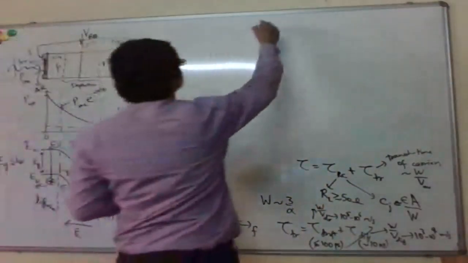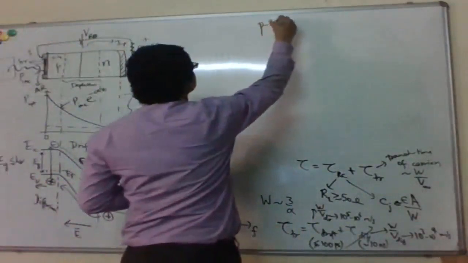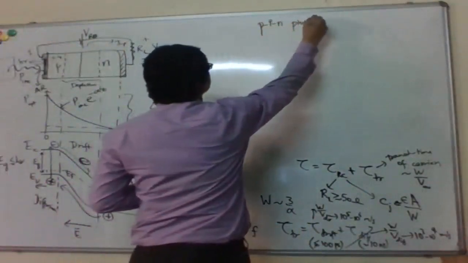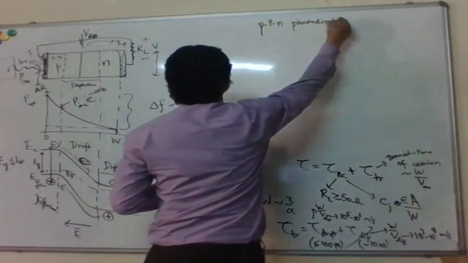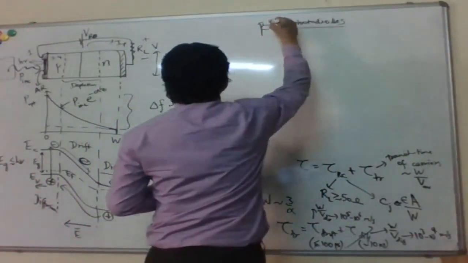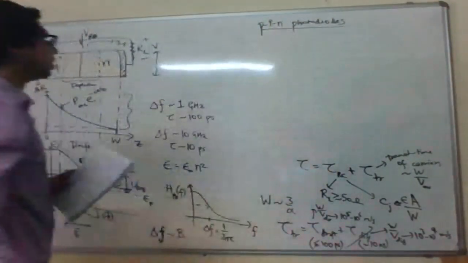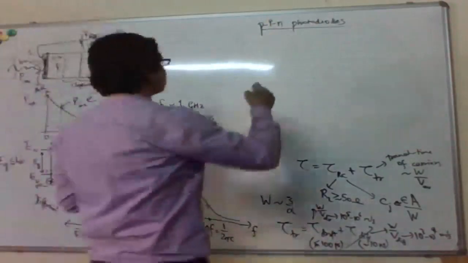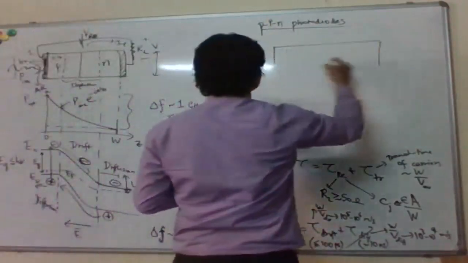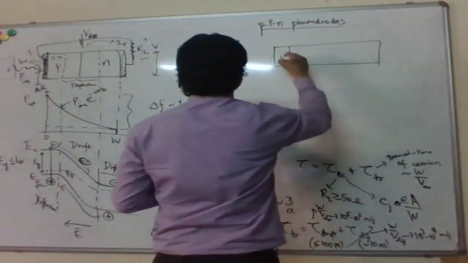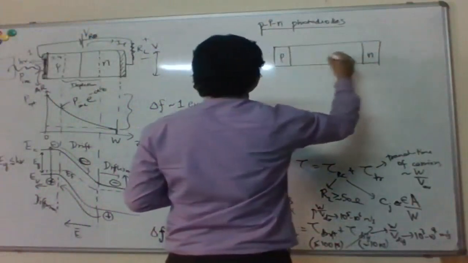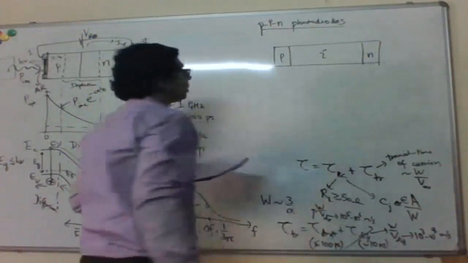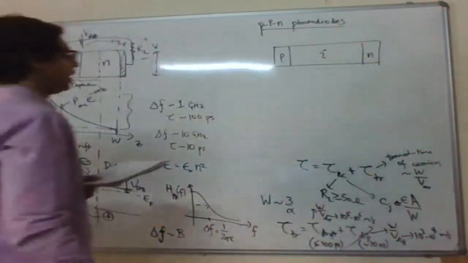So that's why you might see in many places they're called pin photodiodes. So P, then intrinsic region, and then N. Okay, so basically now the device looks like this. You have a P, you have an N, and then you have a long intrinsic region in between. So undoped region in between.